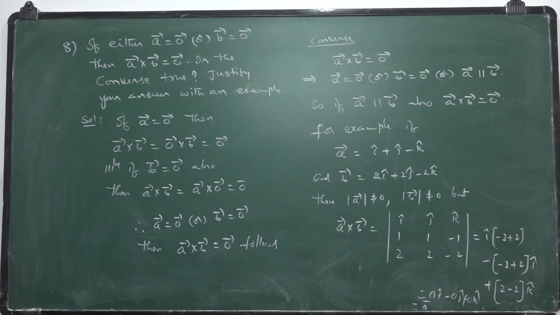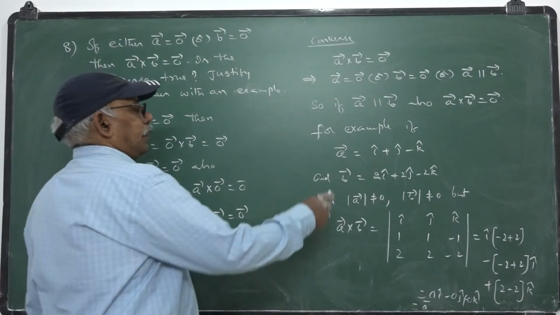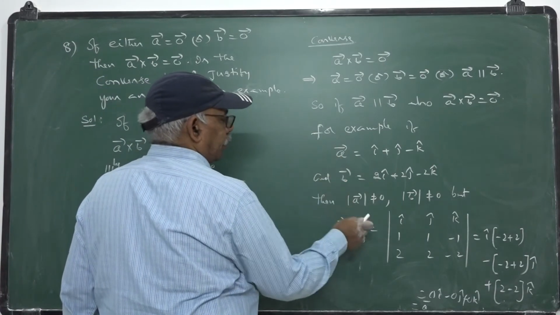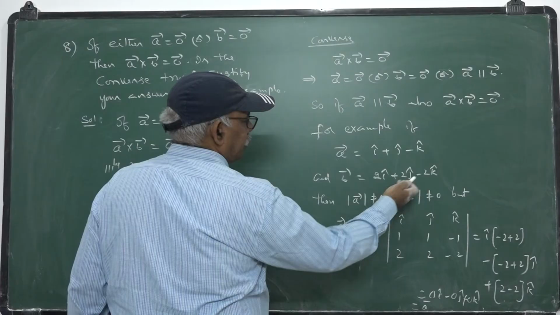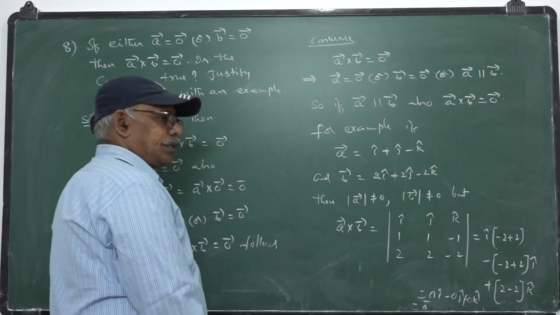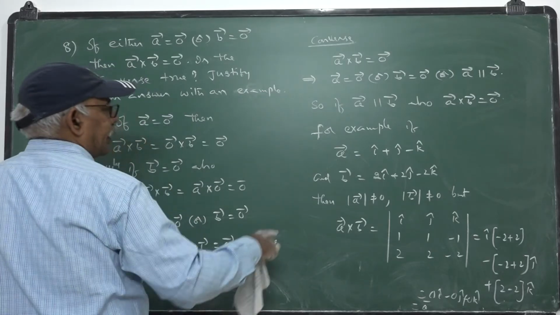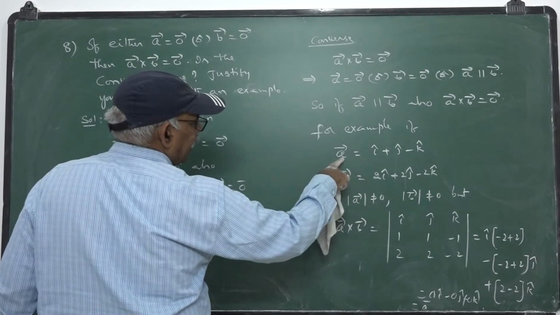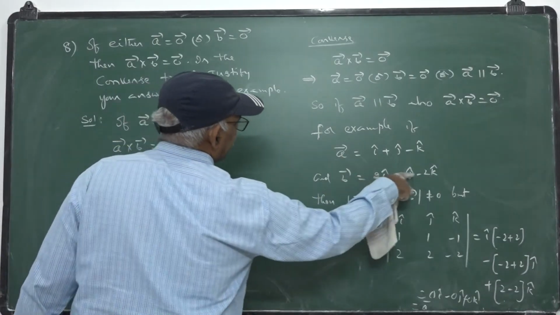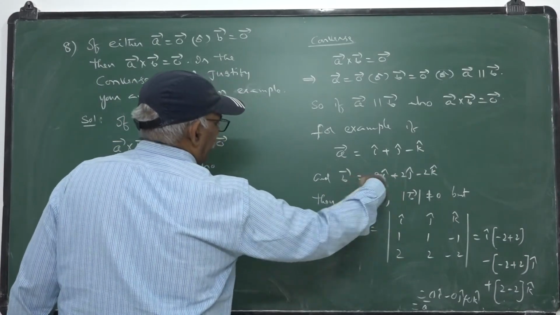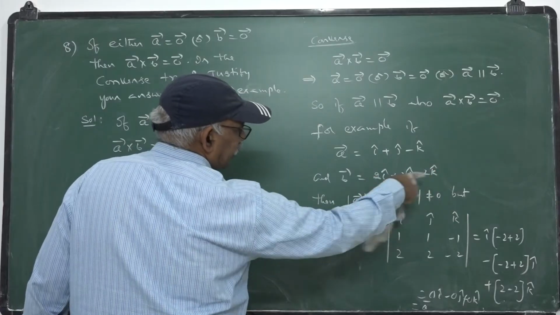You can take any two non-zero vectors, provided that A bar is parallel to B bar, then the cross product is clearly 0. Here I am taking parallel vectors, meaning I am multiplying A bar with a constant, say 2, or you can take 3 or minus 3 like that.